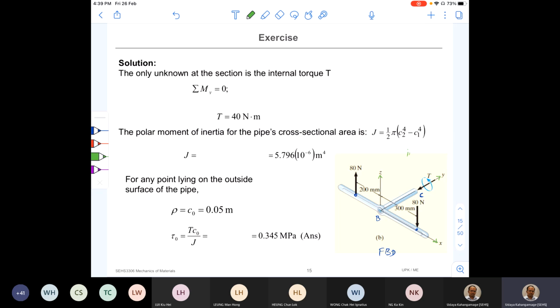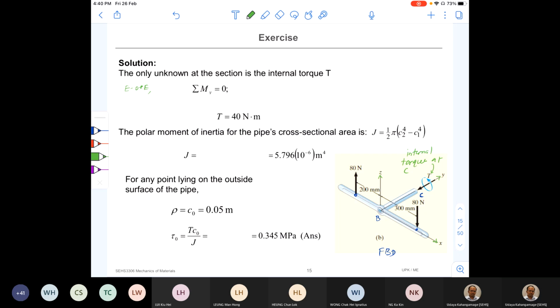So now this is the internal torque at C. Internal torque at C is T. Right, so we need to find out this T. Therefore we need to write the equation of equilibrium for this free body diagram. So we need to first identify the positive direction, right?